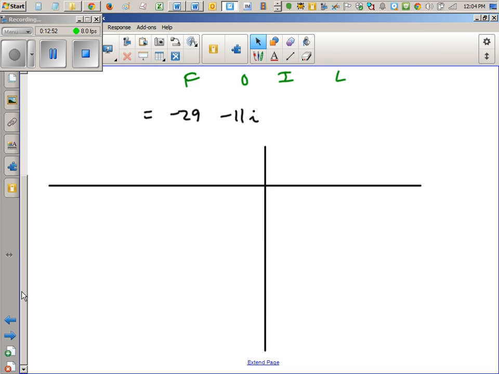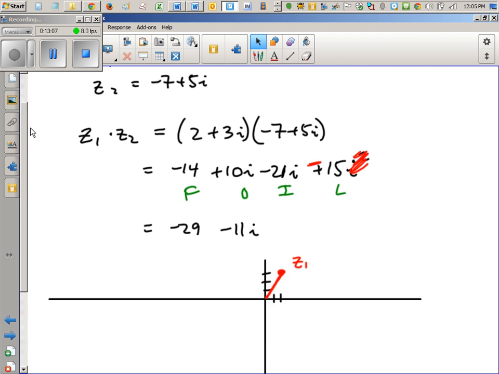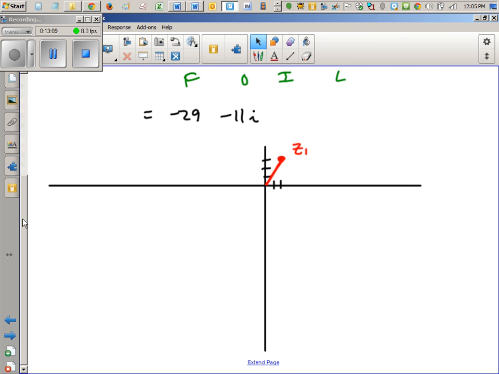Just 2 plus 3i. Okay, so right 2, up 3. I'll do the red again, and go and draw the modulus. Z2 was negative 7 plus 5i. Left 2, 3, 4, 5, 6, 7. Up 2, 3, 4, 5. So that's this point.